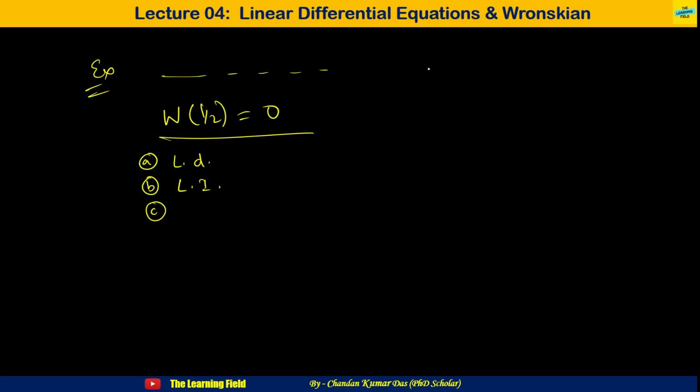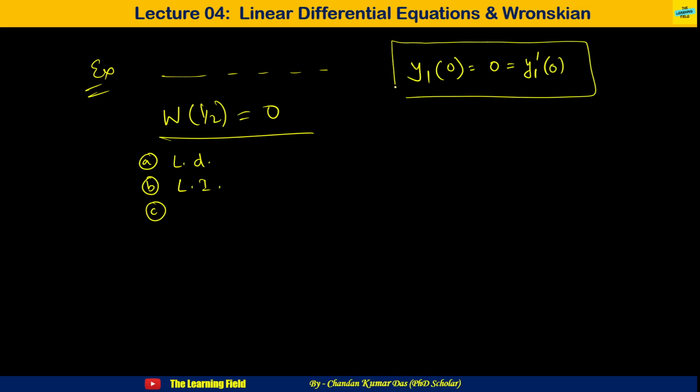So if repeated zero, then the condition that is given, suppose y1 at any point, suppose 0, y1(0) equal to 0, and y1 prime(0) equal to also 0. So what does this condition imply? Y1 at any point, suppose this is not 0, suppose this is 1, so that means y1 has repeated zero at the point x equal to, suppose, 1.